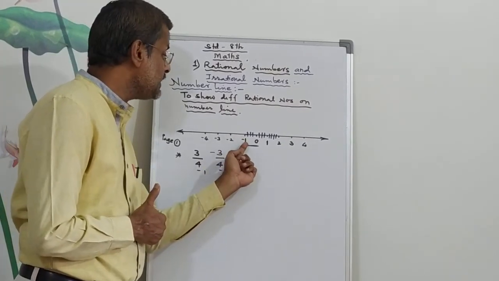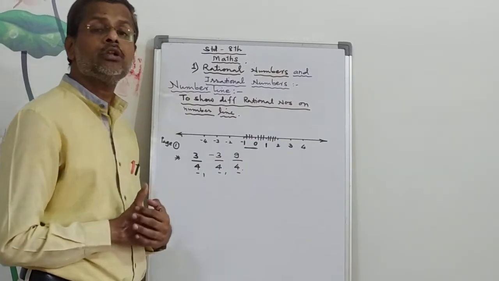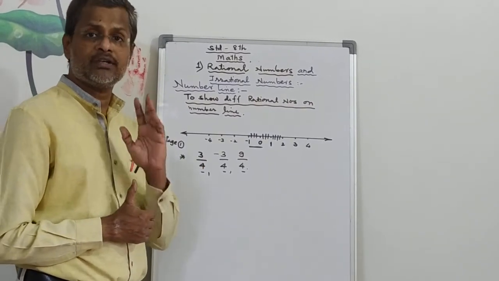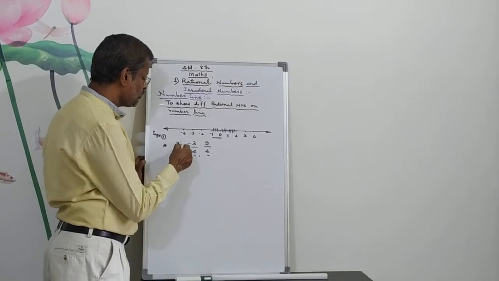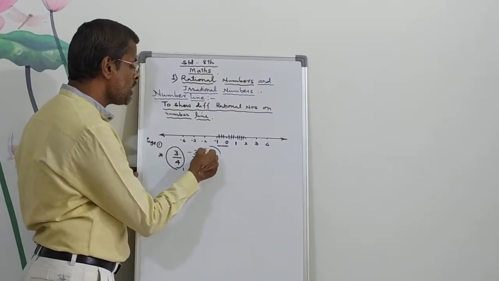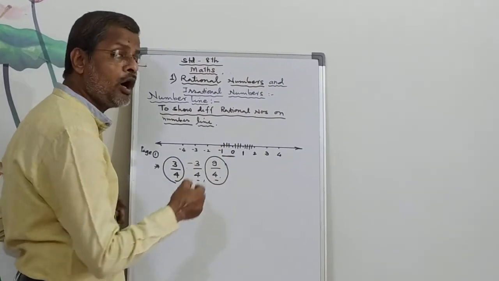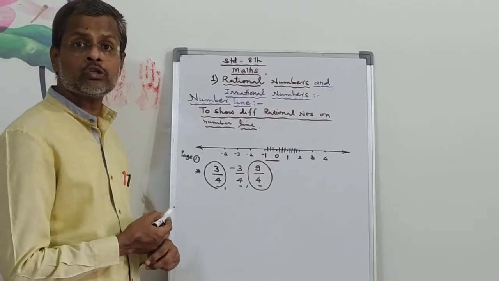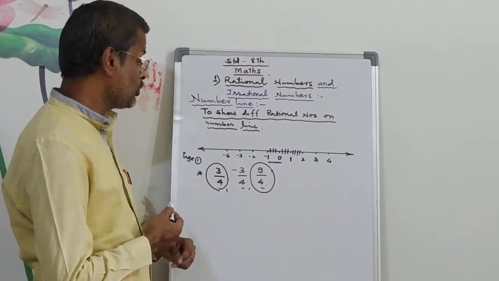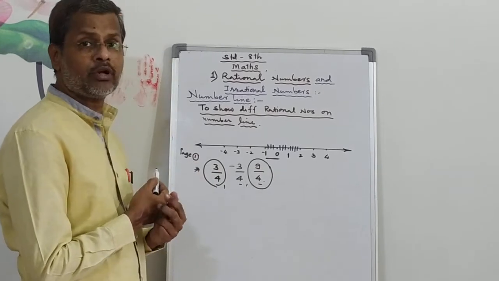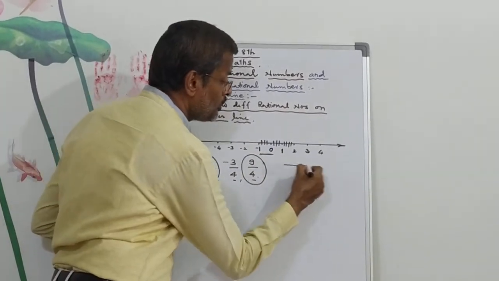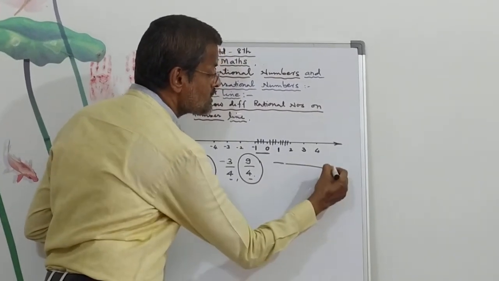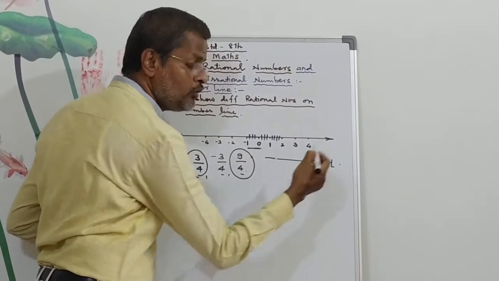We have divided each unit distance into 4 parts. 3 upon 4 and 9 upon 4 are positive rational numbers. Therefore, these two positive rational numbers will lie on the right hand side of 0. This is the right hand side of 0.